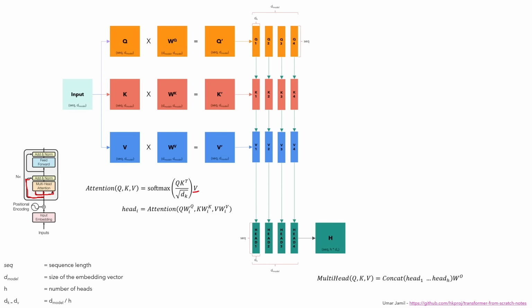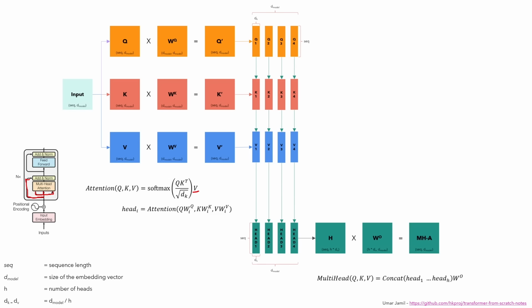The next step is to multiply the result of this concatenation by WO, a matrix that is h multiplied by dv, so d model, by d model, and the result is a new matrix, the result of the multi-head attention, which is sequence by d model.